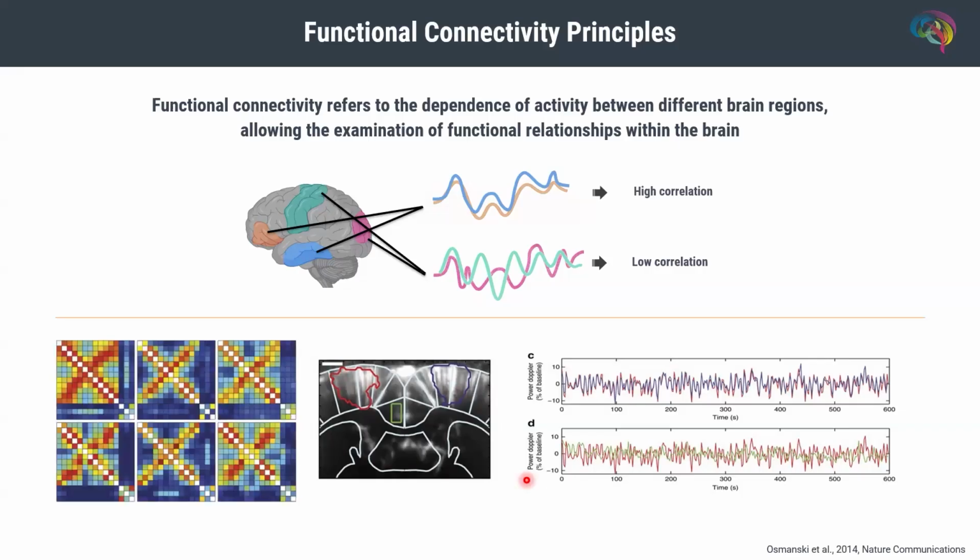The extent of this correlation can be mapped into correlation matrices that we call connectivity matrices because we want to use them to study connectivity, and they can underlie and highlight the emergence of specific networks.